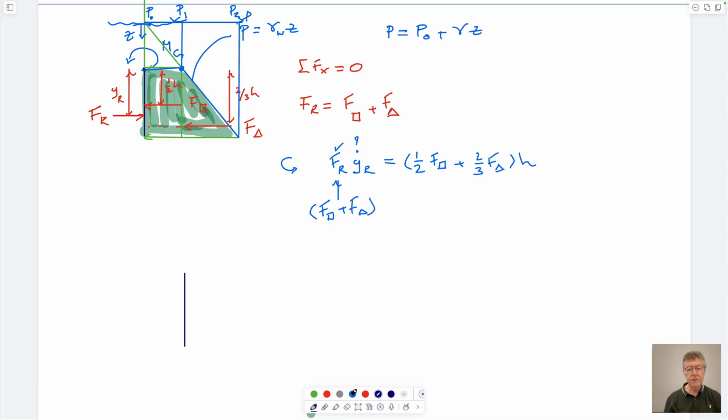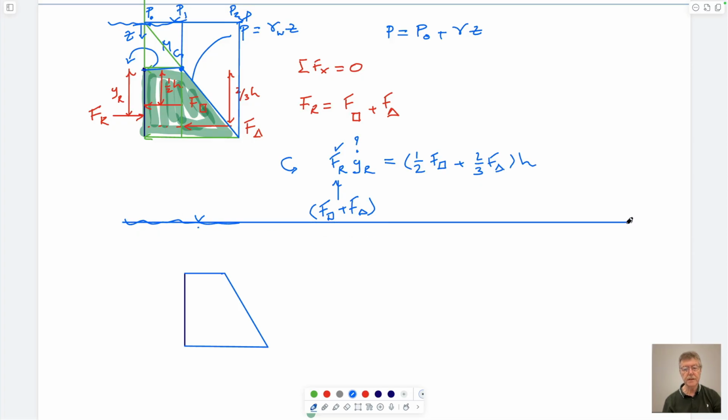And the distribution of pressures on this would be this. This would be the top here. Let me just draw a straight line because I'm going to do some different things.